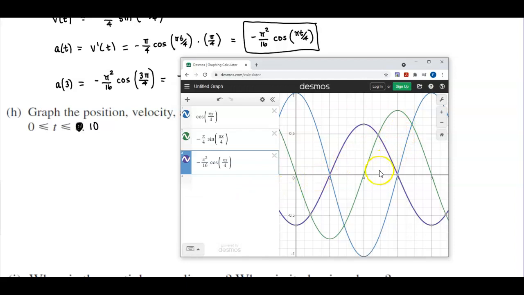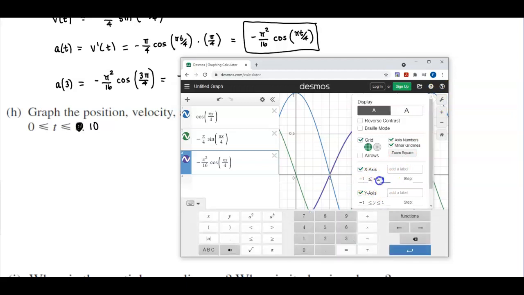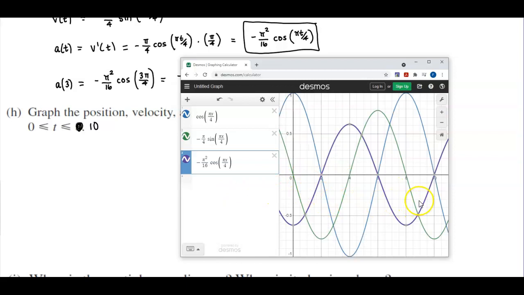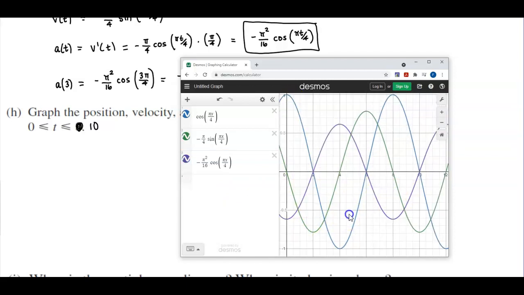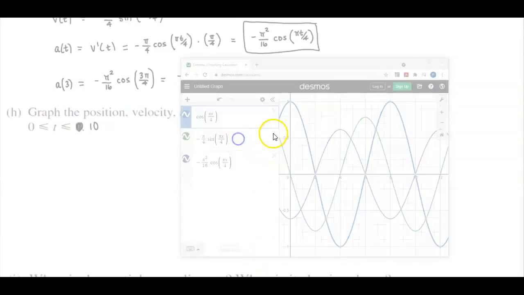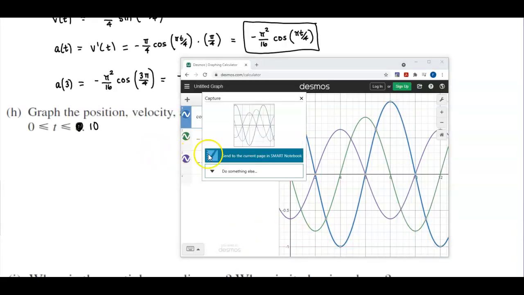Okay, so if we take a look here, we want to make sure that we're going from -1 to 10, so we'll go to 11 here. And then we know that our sine is going between 1 and -1, in addition to the cosine. So let's go ahead and copy this graph so we know what's happening between 0 and 10.